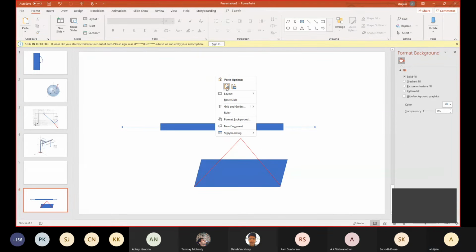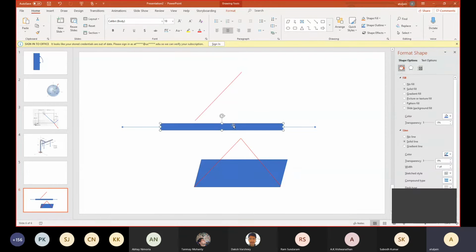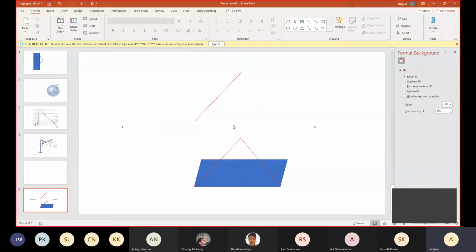copy, paste. Now, when I'm saying that this cable is in a state of tension, this is what is happening.